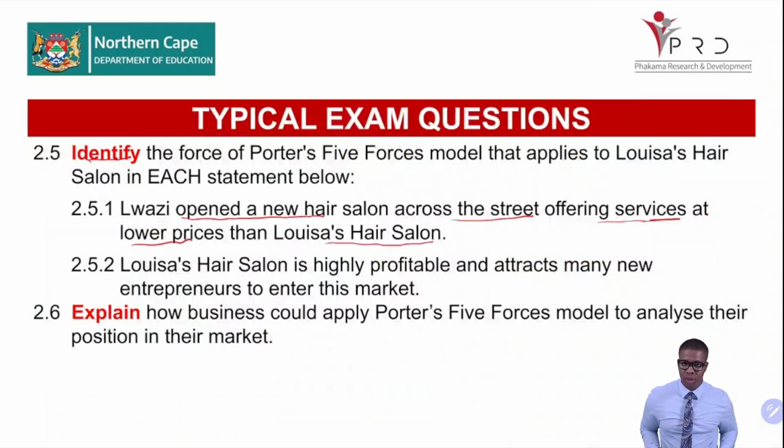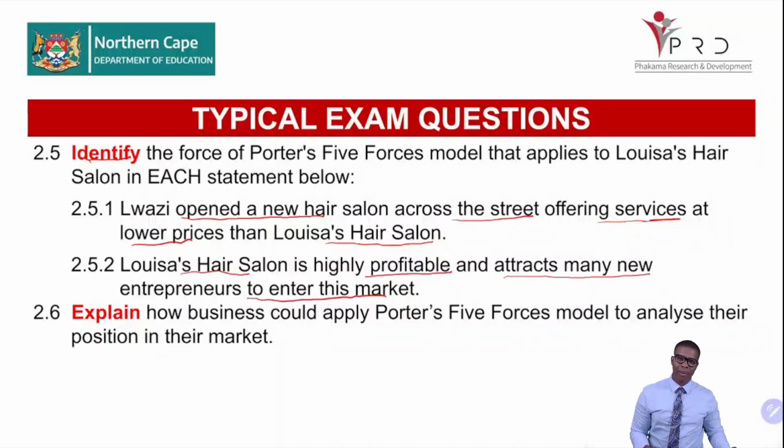Do not rush to give your answer, because this might look like your threat or barrier of new entrants, because you might say it means it's easy to start a salon. But when you look into the second statement, which is 2.5.2, it says Louisa's hair salon is highly profitable. And because the salon is highly profitable, look at what happens in the other part of the sentence. It says, and attract many new entrepreneurs to enter this market.